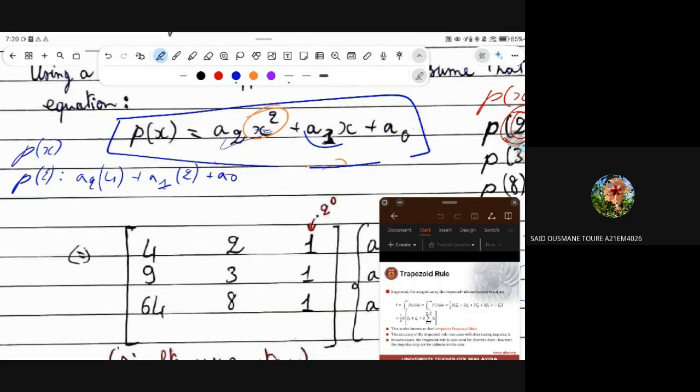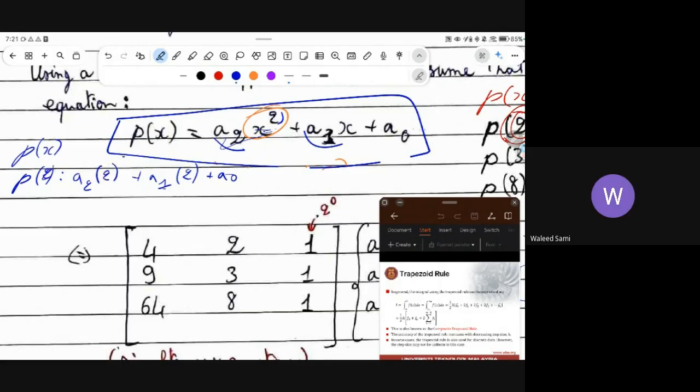So you have A2 times x squared, A2 times 2 squared. Oh, you mean this is rho? I thought in the brackets it's 2. It's 4, not 2. That's why. Oh, no, sorry, it's okay. I understand.